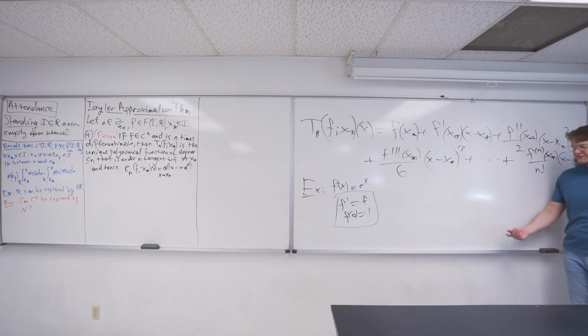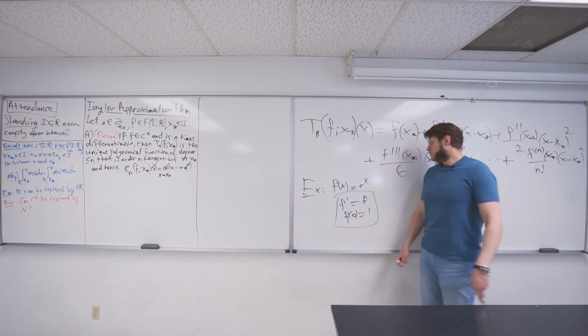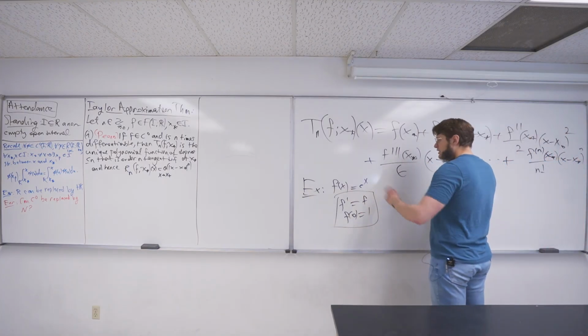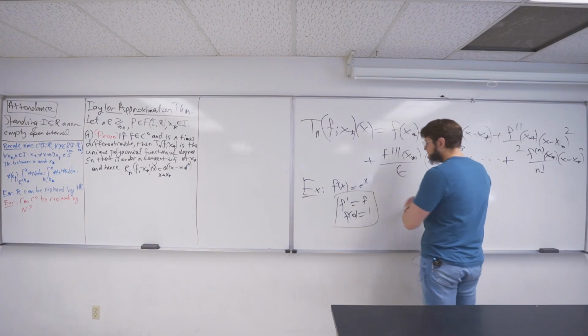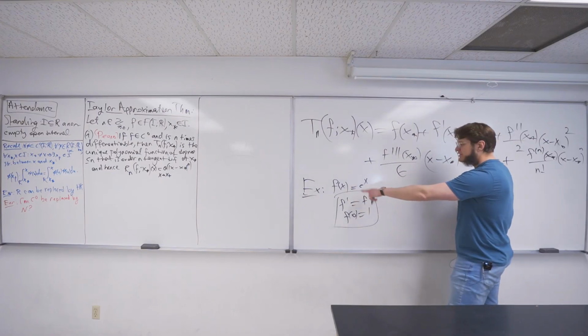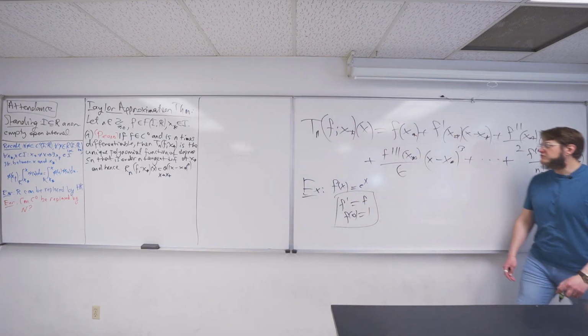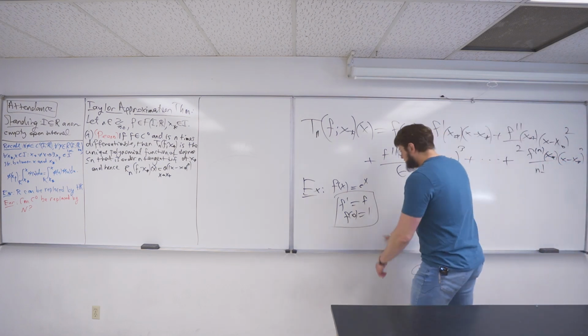OK? But this is a complicated function, of course. But what you can do is look at its Taylor polynomials. Because since you know that any derivative of f is itself, well, this is just going to be, say, at 0.